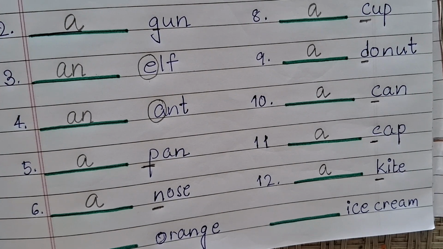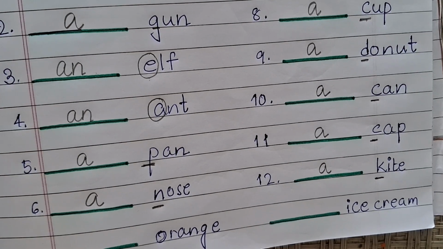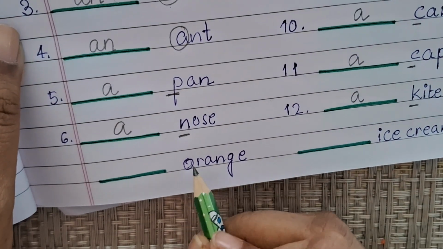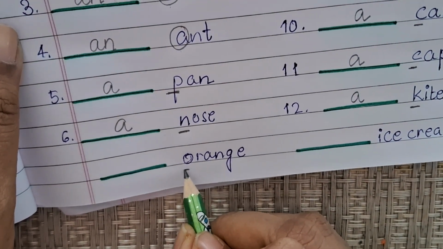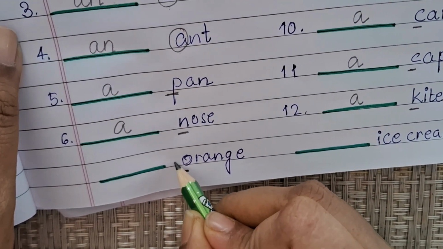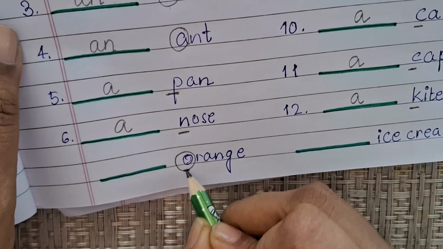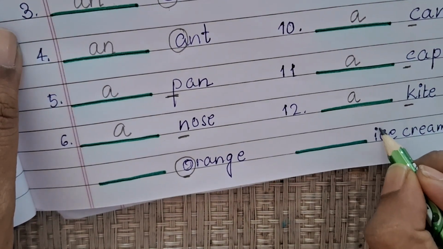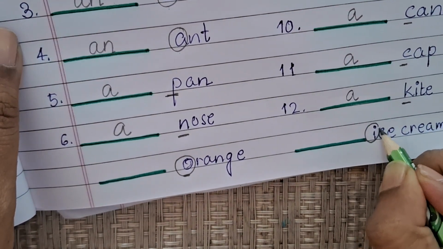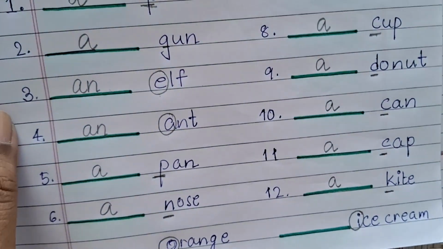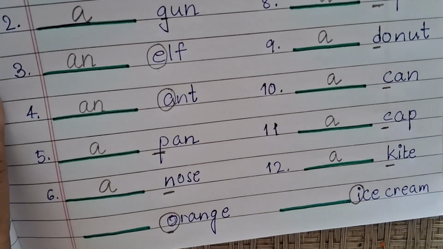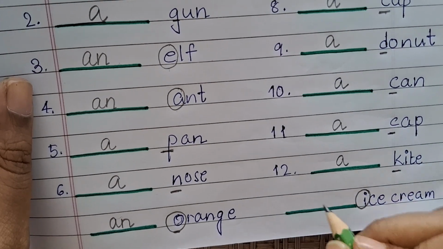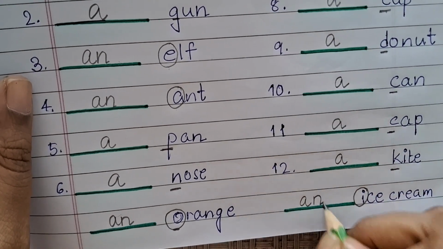So what will I write, a or an? See, orange. Orange starts with a vowel, not a consonant. Ice cream, I. I is a vowel. So what will I write? An orange. An ice cream.